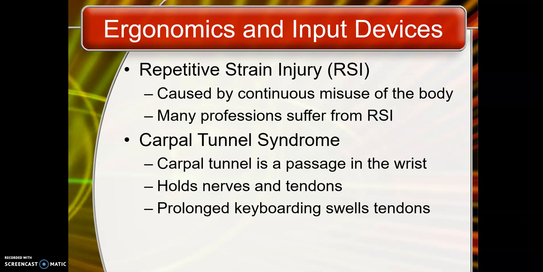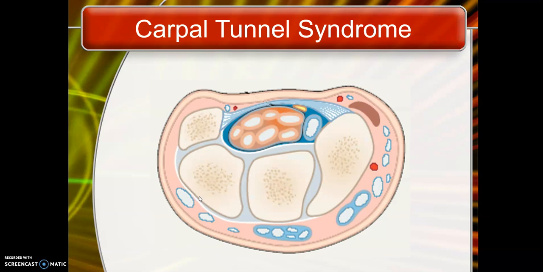This kind of situation is referred to as carpal tunnel syndrome. Here is a pictorial view. You see that these dotted lines show the syndrome, and you can save your wrist by improving ergonomics techniques.